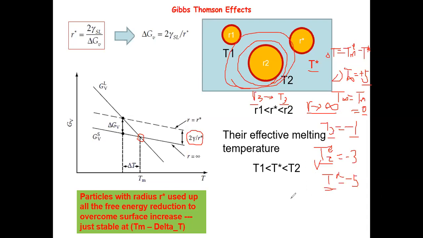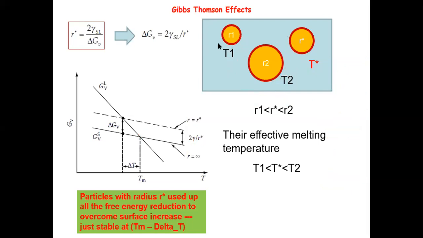Okay, for now we don't have to introduce that equation, but I just want to make sure this is clear why we introduce the Gibbs-Thomason effect, because eventually we're going to get something like this. Let me write this down for you, and we're going to revisit it, right? So now a particle with a particular radius is going to feel a supercooling that is a function of the radius, right? And this supercooling is only a portion of the original supercooling I call delta T0, right?